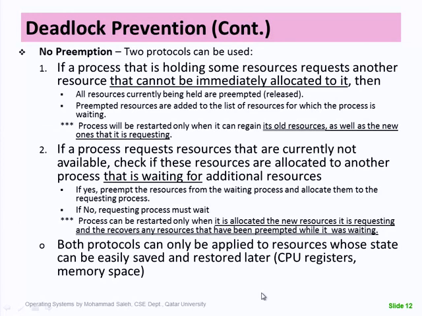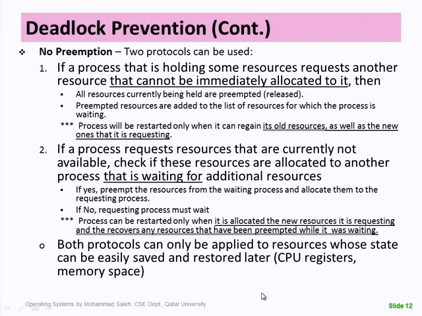A process requesting resources that are available will gain them. But if the resources are not available, then we'll lose even the ones that it has. So this is one protocol. And for it to restart later on, it has to gain the resources that it lost and the ones that it requested earlier.